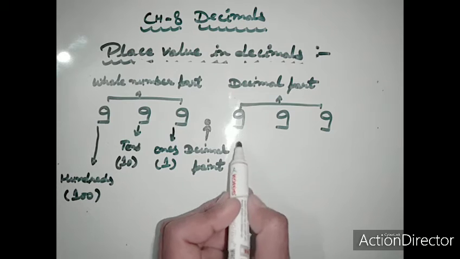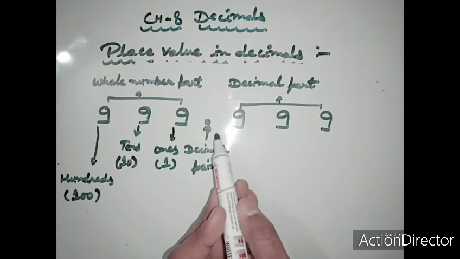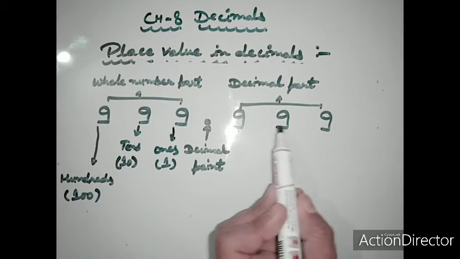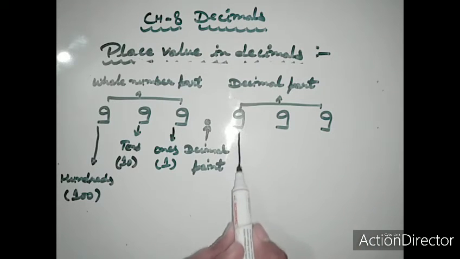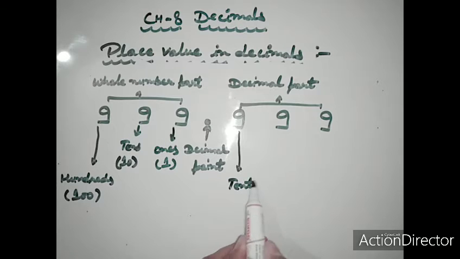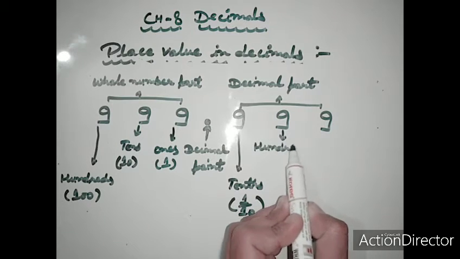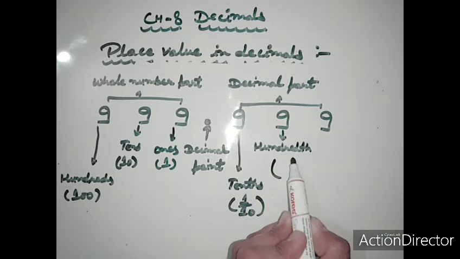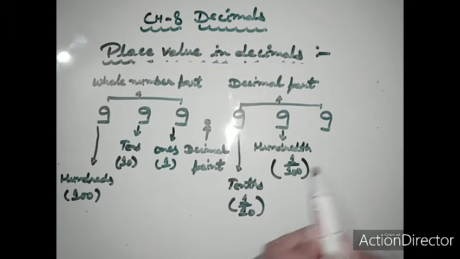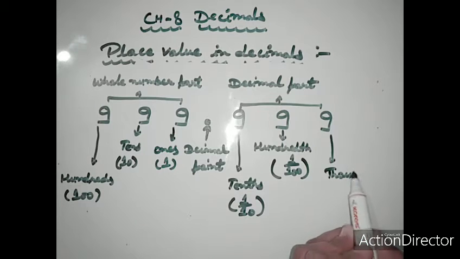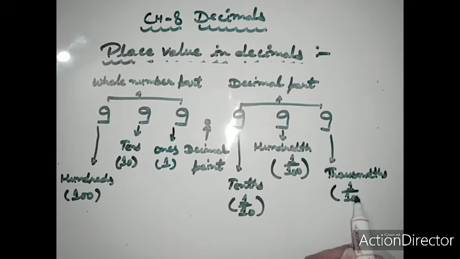Now in the decimal part we read tenths, hundredths and thousandths. Tenths means 1 upon 10, hundredths 1 upon 100, and thousandths 1 upon 1000.